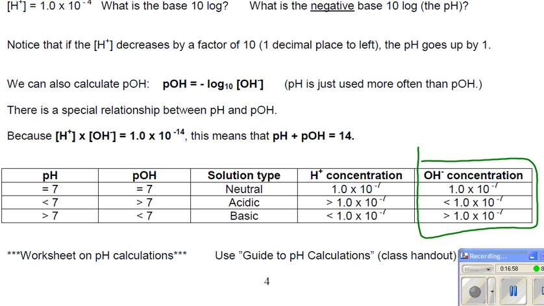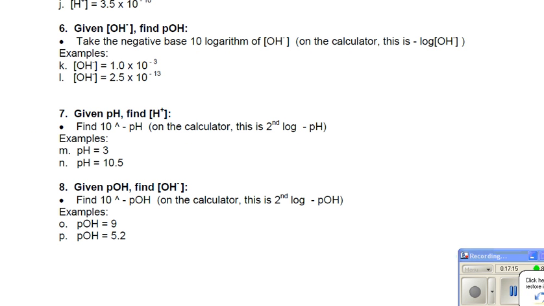It was larger than, which is the bottom one, 1.0 times 10 to the negative 7. So we have a basic solution. Okay. And that was P as basic.